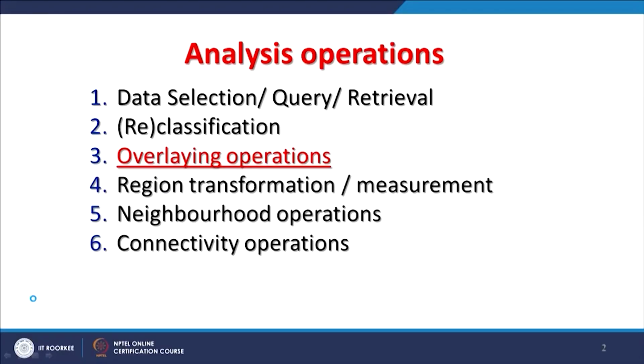Now, in this second part of GIS analysis, we are going to discuss overlaying operations. The first two parts, data selection, query, retrieval, and reclassification, we have already discussed in the previous discussion. Now we will focus mainly on the overlaying operations, the basis of which is set theory or Boolean logic. If you recall the Venn diagram, that is the basis, but there things were much simpler.